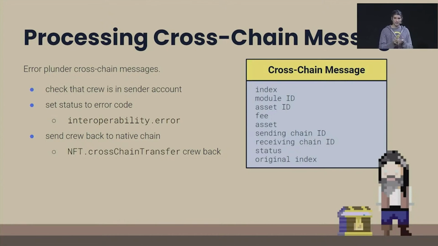So again, we check that the crew is indeed in the sender account on the receiving chain. If this is not the case, we set the status to the error code, missing pirate, using the interoperability error reducer, and we send whatever is remaining of the attacking crew back to the native chain, again using the cross-chain transfer. And then on the original sending chain, our piracy chain, we can trigger some custom logic if we want. Maybe we can punish the attacker because they cowardly ran out before the battle.